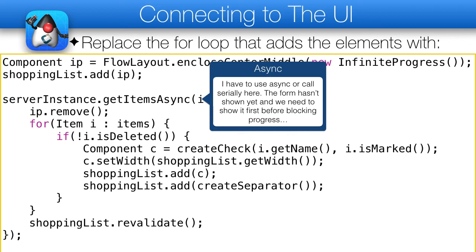You want the UI to appear first, and then you can block the EDT. So this is a bad place to do a sync call. Sync call works best in action listeners and things like that. And in this particular case, it would essentially block the form from showing, and because this is the first form in the application, that would be really bad. So that's one place where you mustn't use sync.